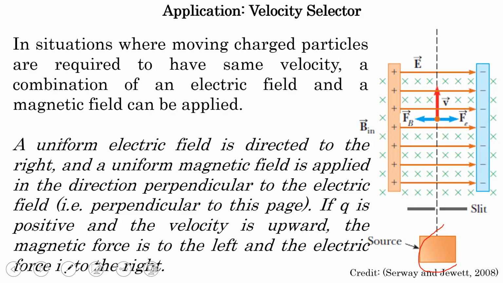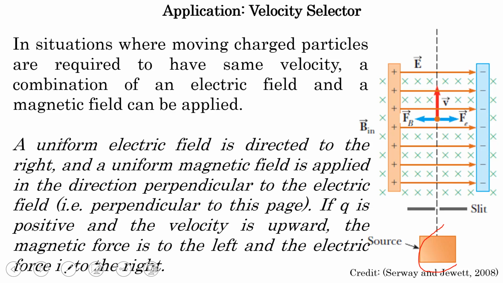Because whatever charge it has, it is pointing to the left; if it were carrying the other charge, it would have pointed to the right. Now in this scenario, it's pointing to the left, and it's also experiencing another force, electric force, pointing to the right.